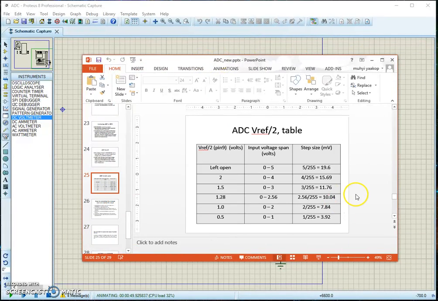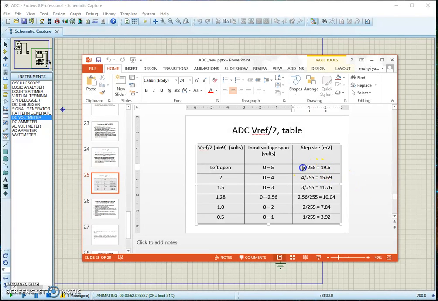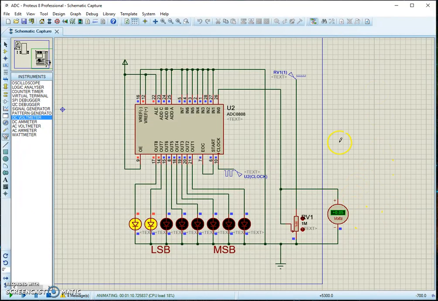It says that using a 0 to 5 volt conversion, if Vref is left open or connected to ground, we will have 5 divided by 255, which gives 19.6 millivolt per step. That means one bit is going to be represented by 19.6 millivolt.